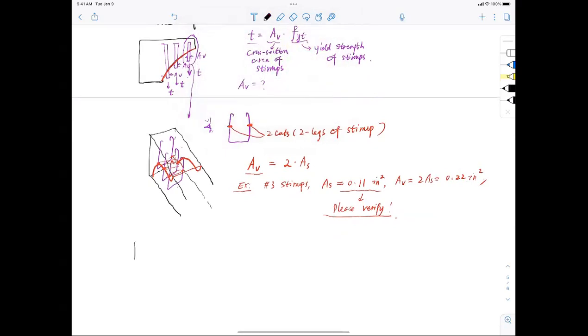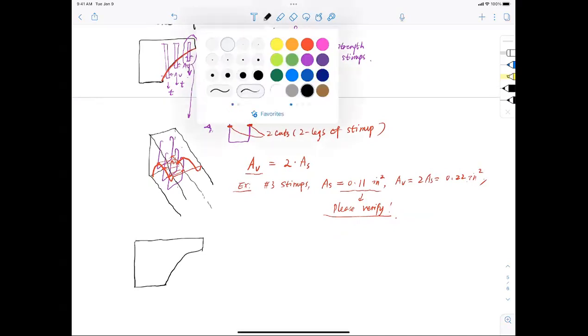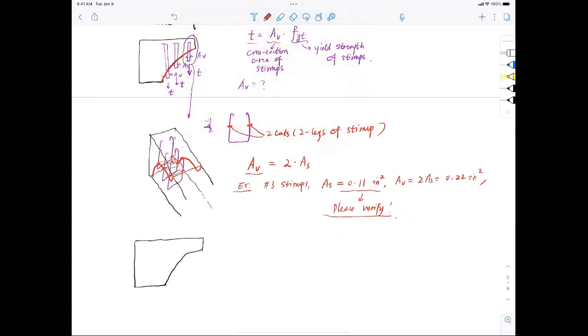So take a look at this thing again, okay? Remember we said this is a 45-degree angle. I'm just going to draw a dashed line here, out of proportion, and I assume this is a 45-degree angle.